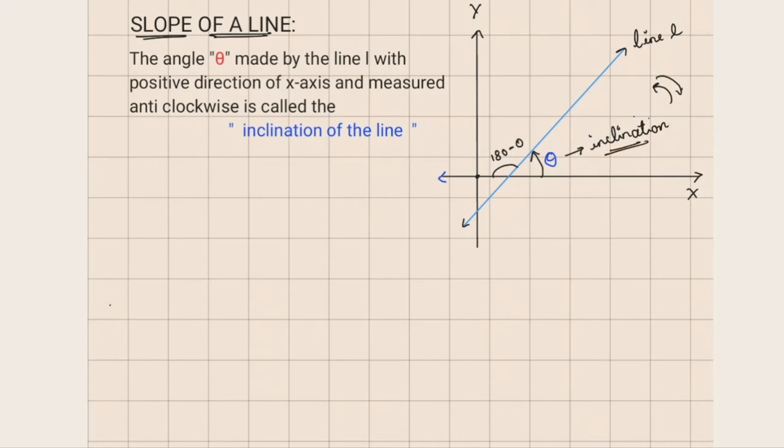Obviously we can say that theta lies between 0 and 180 degrees. 180 degrees is not included, because if the line makes 180 degrees with the x-axis, it makes 0 degrees with the x-axis, so the line looks the same as the x-axis.